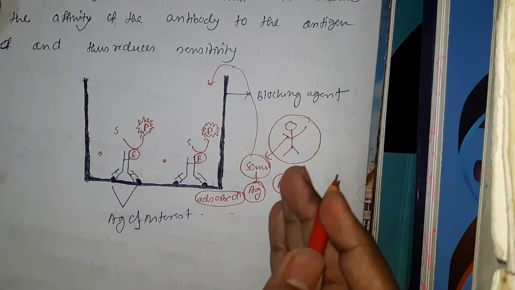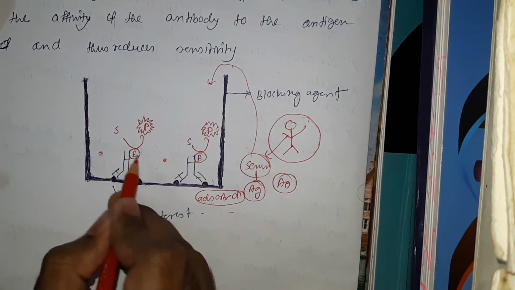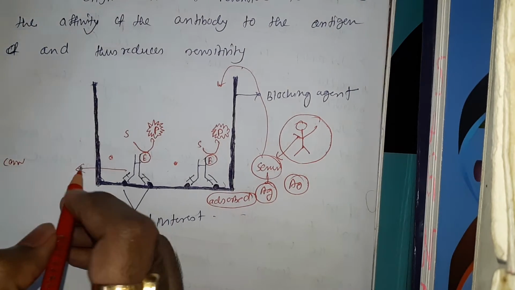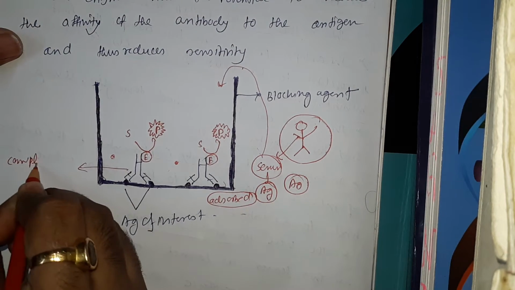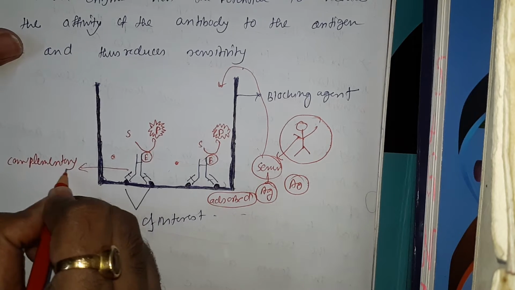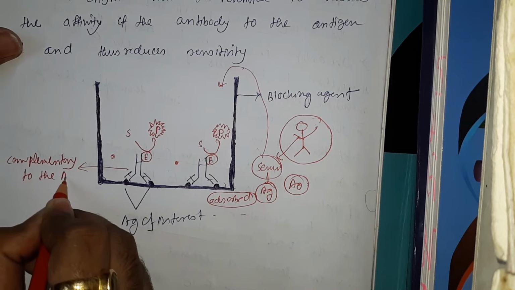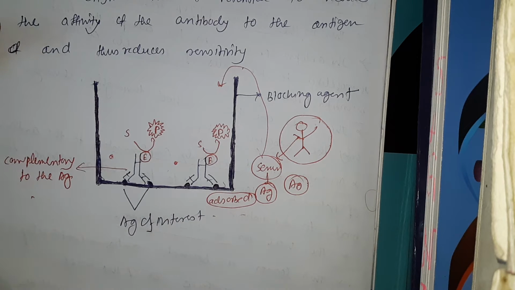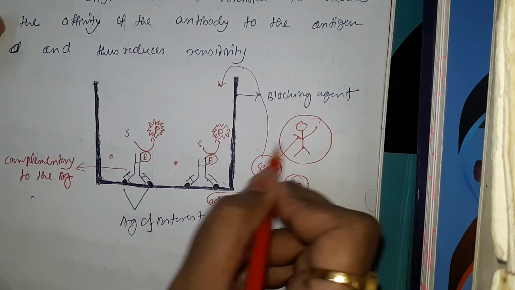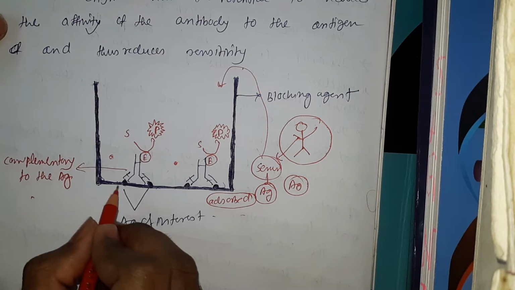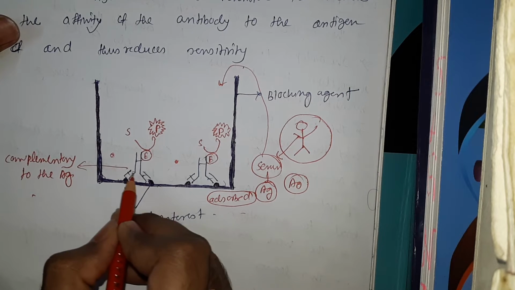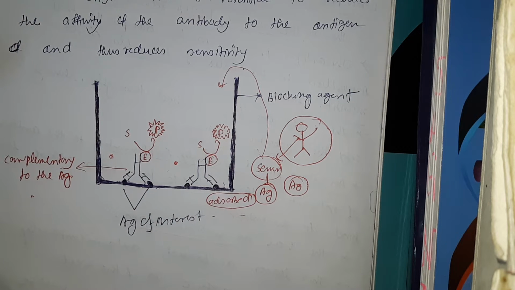Now you add an antibody that is complementary to the antigen of interest. If the patient contains the antigen that you are looking for, then the antibody will easily bind with the antigen of interest present in the walls of the wells of the microtiter plate.